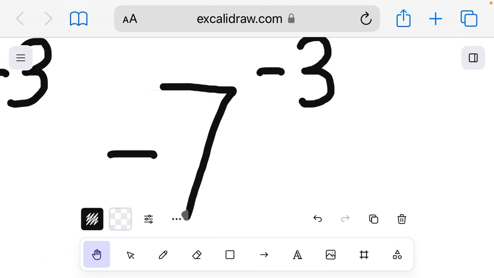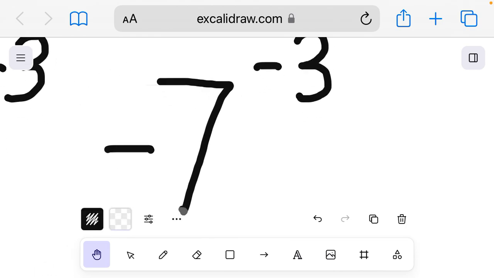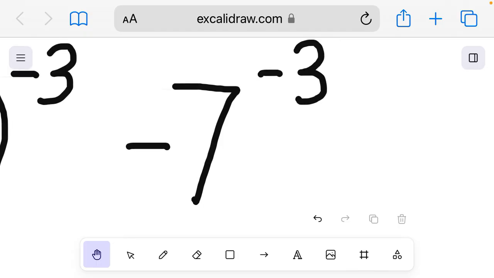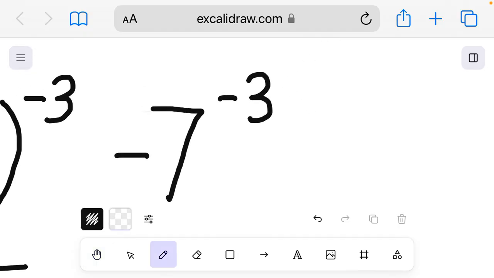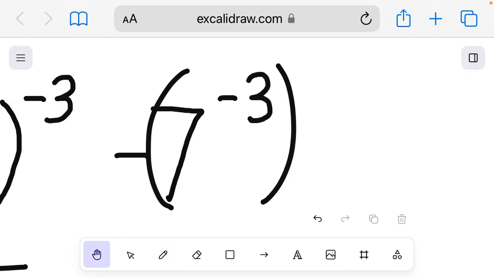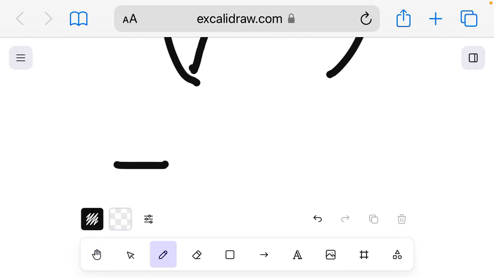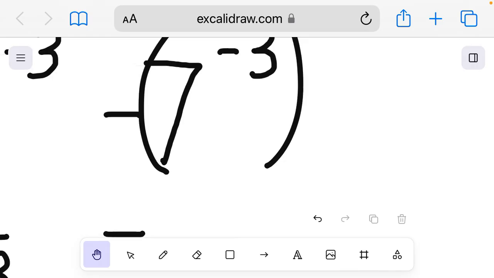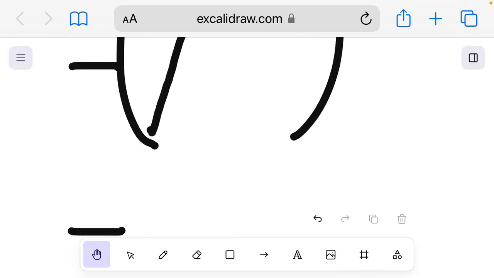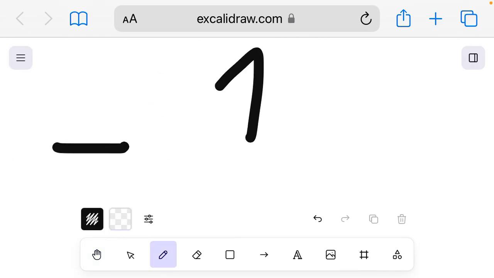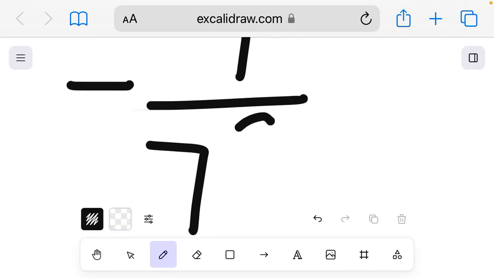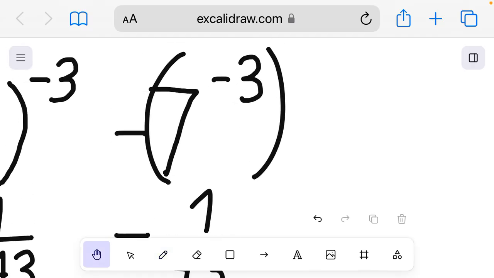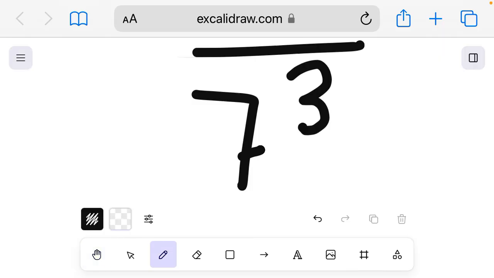Now, move on to the final problem. We have the negative of 7 to the negative 3. So remember, the negative sign is not attached. So you can think of it like this. We have the negative sign, and we have the negative exponent again. So we write like this. And then what is 7 cubed?